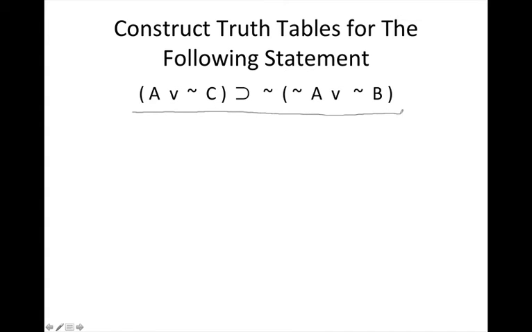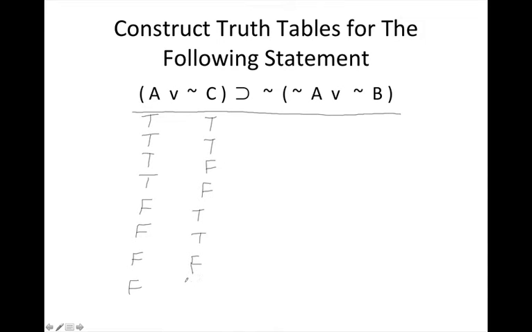All right, so we know we have 3 simple statements, 8 rows or 8 lines. And remember, you're taking half of your first sentence's values, and using 2 trues and 2 falses.